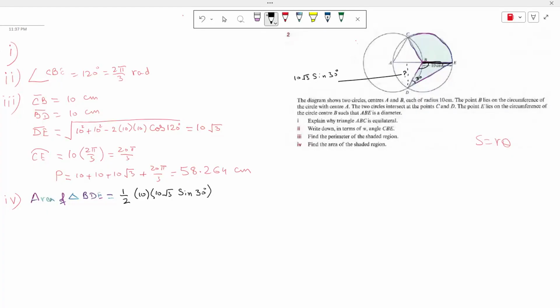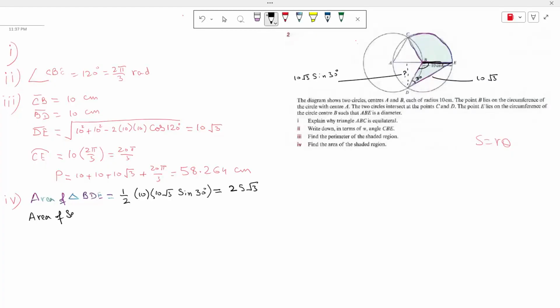I hope it is clear, because this distance is 10 root 3. When I calculate all these things, the area comes out to be 25 root 3.